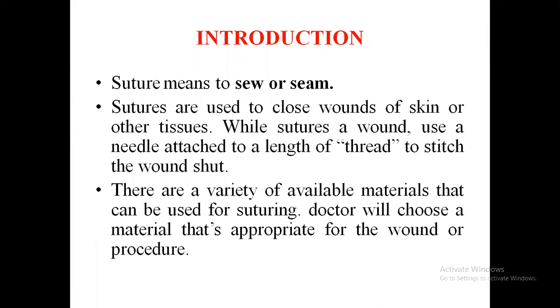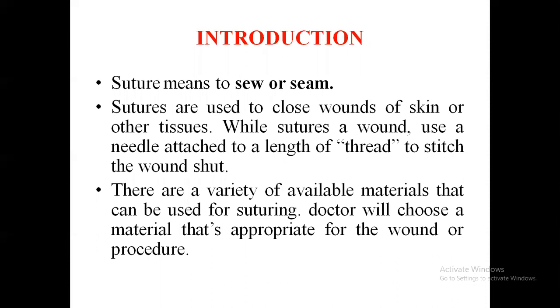Just like when our clothes get torn, we suture them, right? It is the same condition for the human body. If there is any open wound, we stitch up that part. That is suturing.